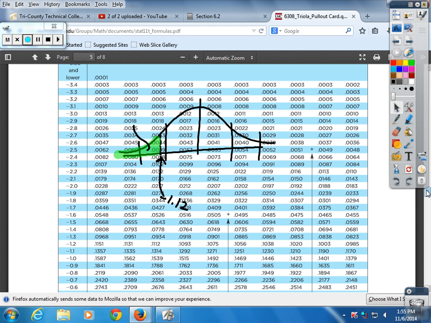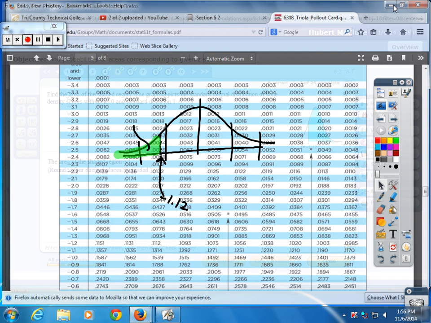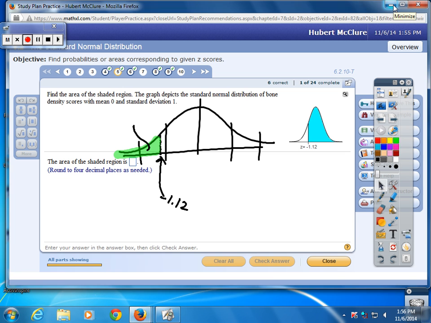So 1.10, 0, 1, 2. 13, 14. All right, so this is 0.1314.